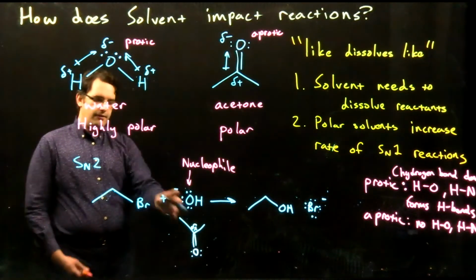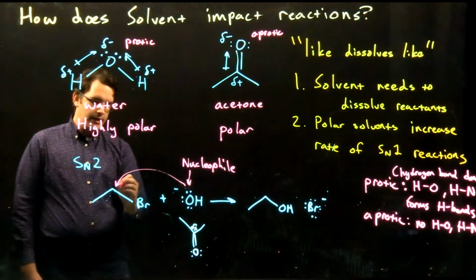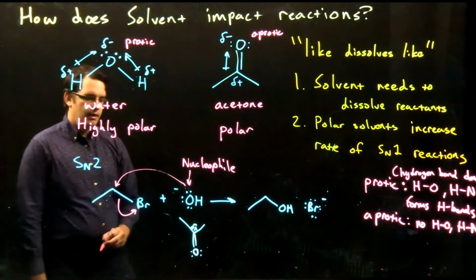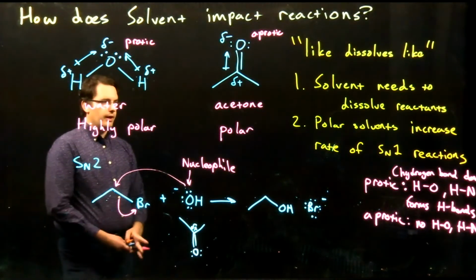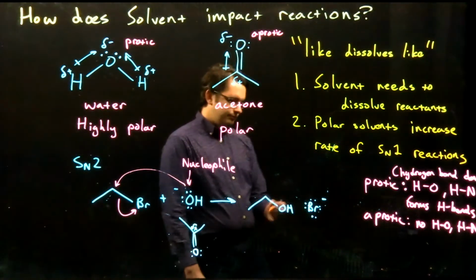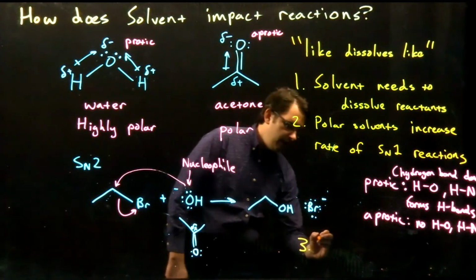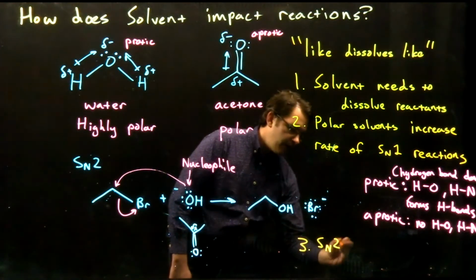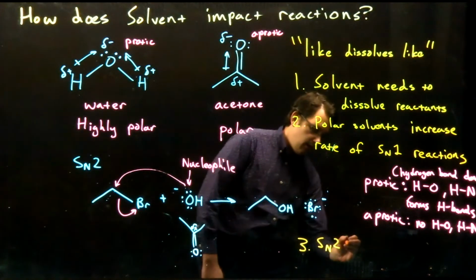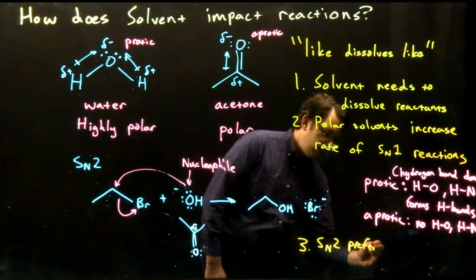So it makes it easier for our nucleophile to then come in and attack our electrophile and react to form our products. So our third key feature here, SN2 reactions prefer aprotic solvents.